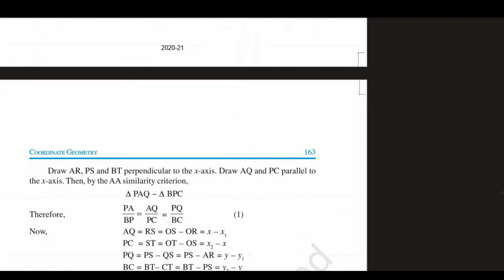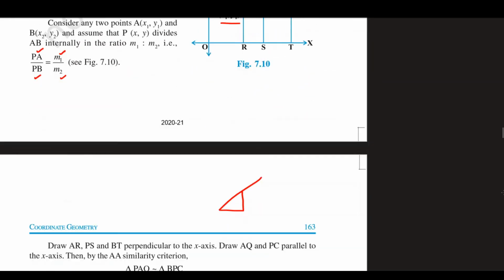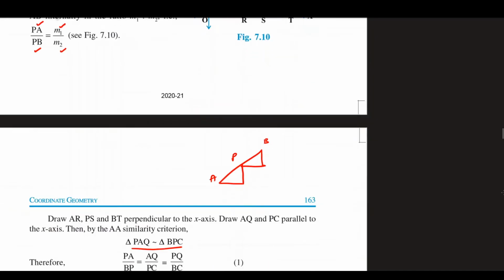So look at these triangles PAQ and BPC. If I draw these two triangles here, this is the triangle we have been talking about. This is P, A, B, and this is Q, this is C.